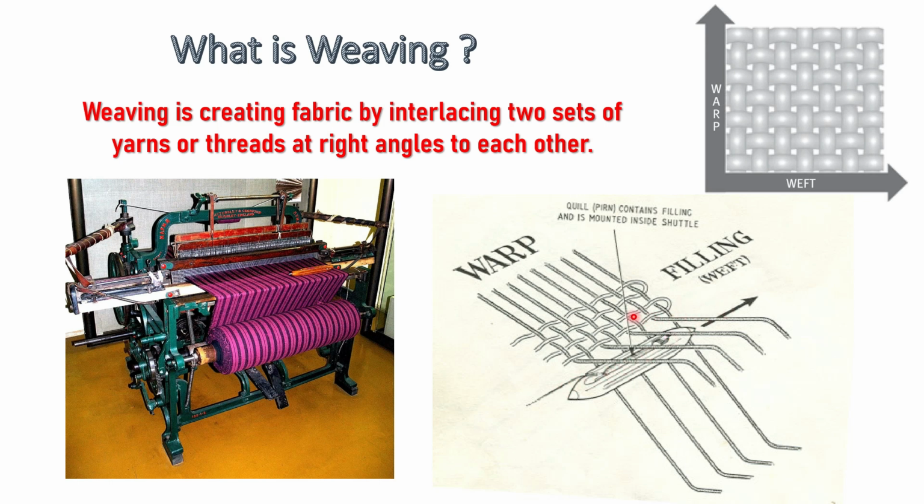Weaving can produce a variety of patterns and textures depending on the arrangement of the warp and weft yarn, the type of loom used, and the yarn count used in the warp and weft. This method is used to make a wide range of textiles including clothing, upholstery and carpets.